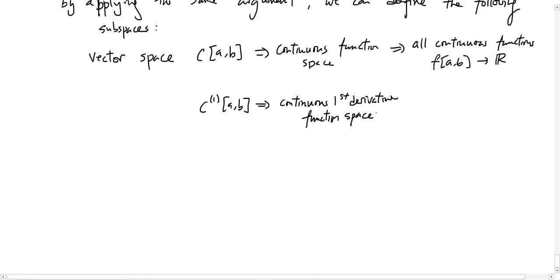And yes, functions that have a continuous first derivative are automatically continuous. So every element in this set will have to be in here, but there are some in here that are not in here. That's the reason why this is a subspace of this one. This basically consists of all functions that have a continuous first derivative.